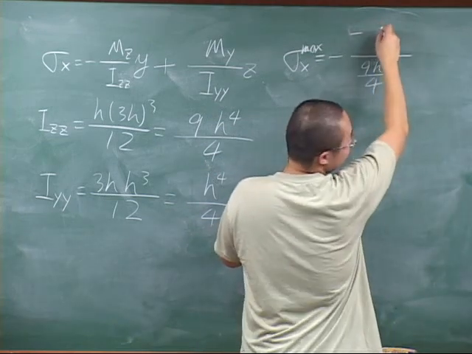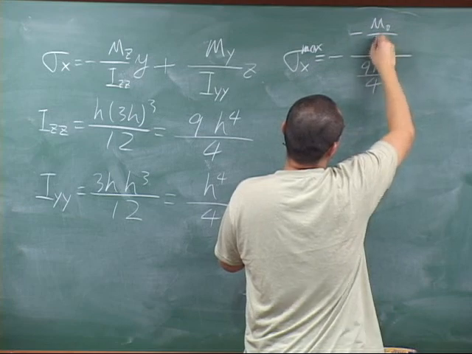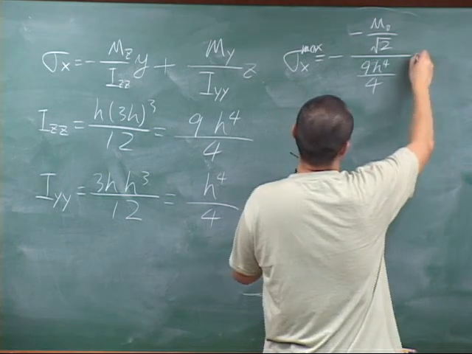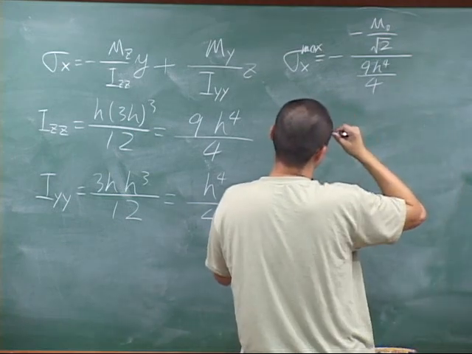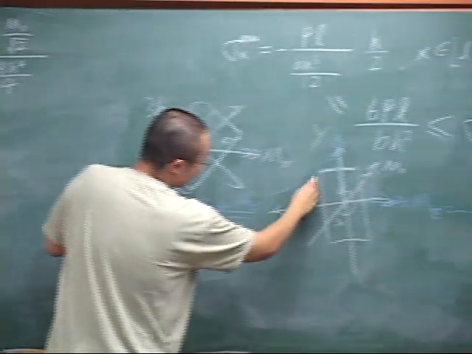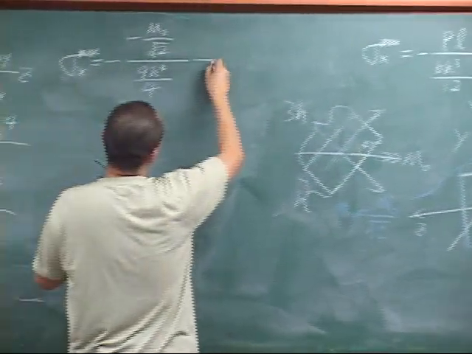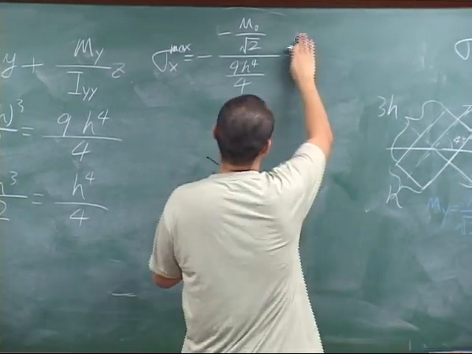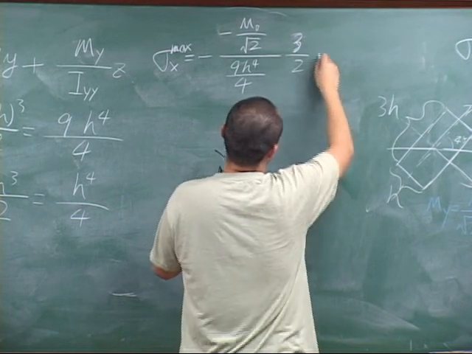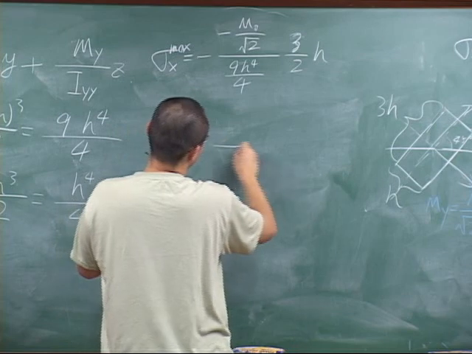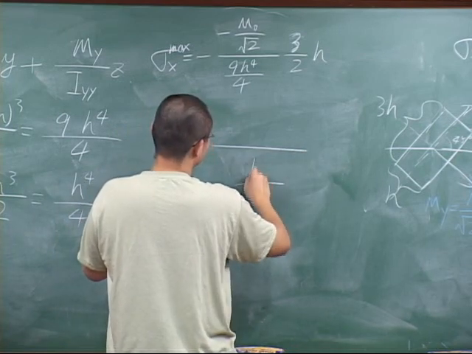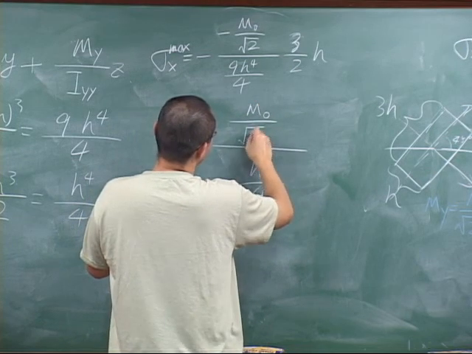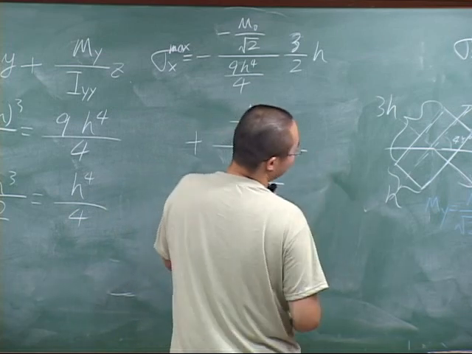Okay, mz is minus m naught divided by root 2, since it is 45 degrees, right? Times 1.5 h, plus this, what is this?